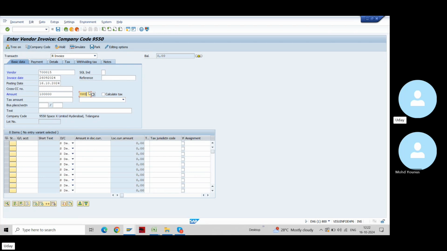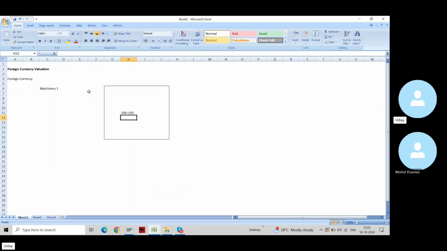It can be USD, AED, JPY, euros, Australian dollar, whatever it is. Other than my company code's local currency, it is foreign currency. So simply, foreign currency is any currency other than the local currency or company code currency. Any transaction posted in foreign currency we call a foreign currency transaction.